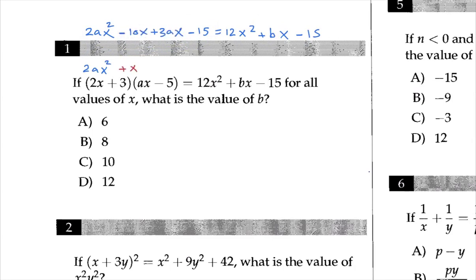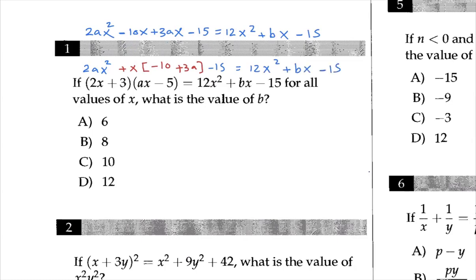So if you take x as a common factor, open brackets, negative 10x divided by x is negative 10, and 3ax divided by x is plus 3a. Then we have negative 15. On the other side, 12x squared plus bx negative 15.